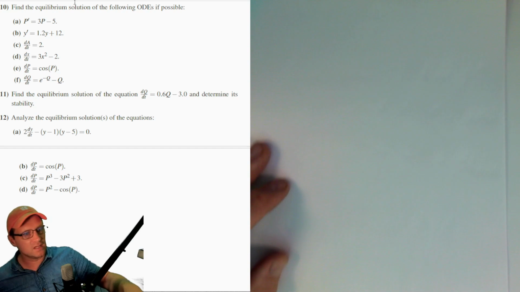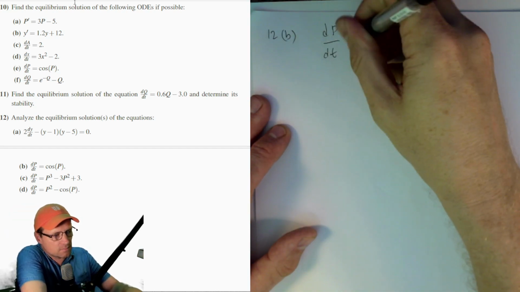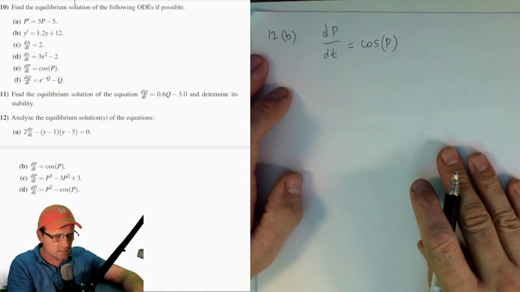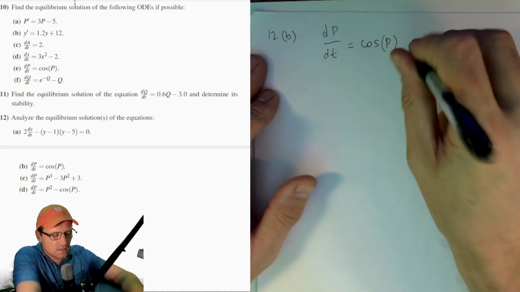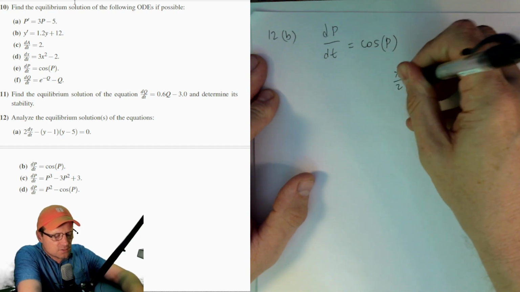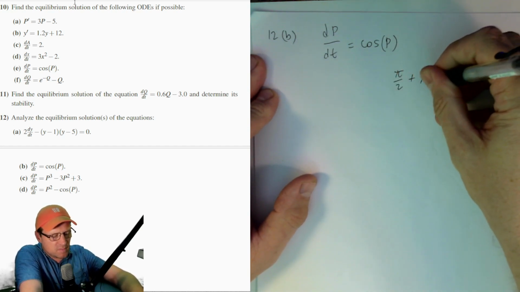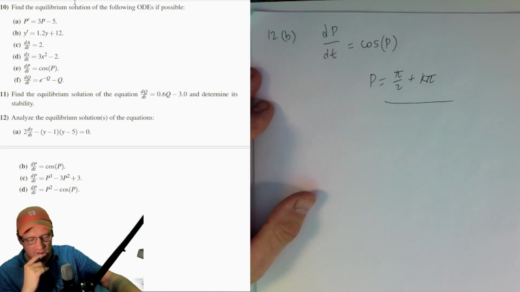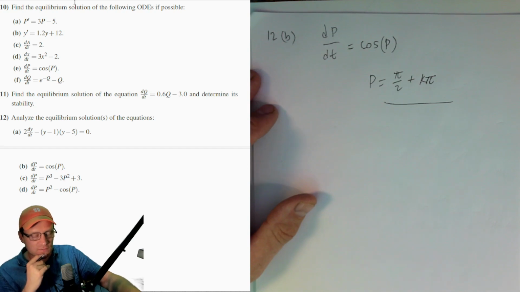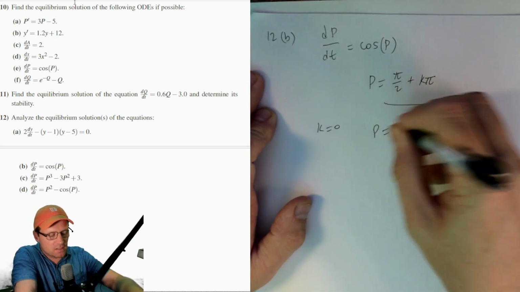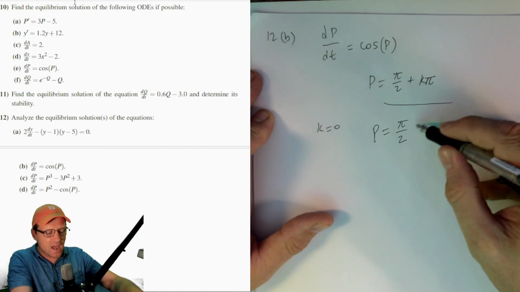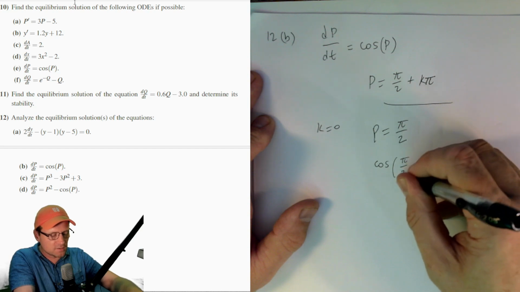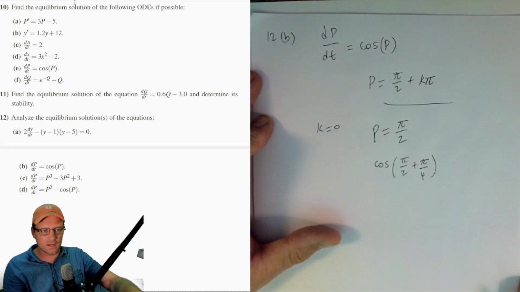All right, part B. dp on dt is cos of p. Okay, so we already determined that the equilibrium solutions of this were pi on 2 plus an integer times pi. So these are our equilibrium solutions here, but which ones are stable and which ones are unstable? So if we choose k is 0, we have p is pi on 2. And so if I add another pi on 4, so cos of pi on 2 plus pi on 4, what's the sign of this?